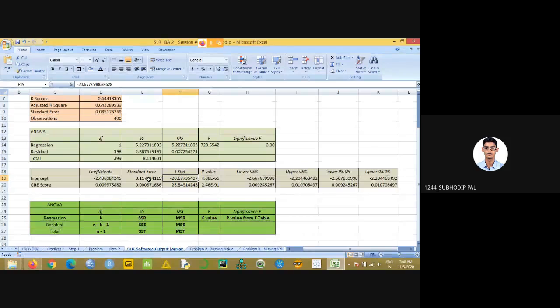There is one formula, but they will not ask you to calculate that one. It's not there in the PPT. Let me check once. Standard error.